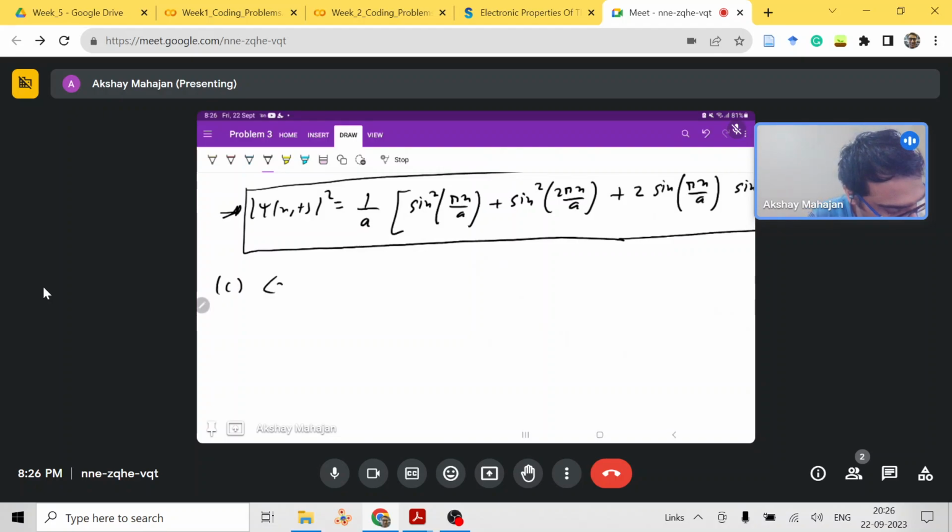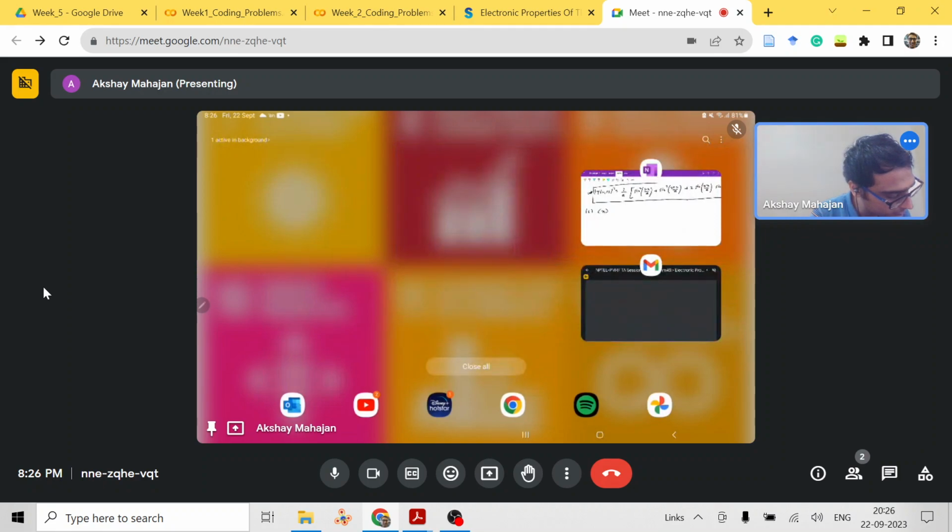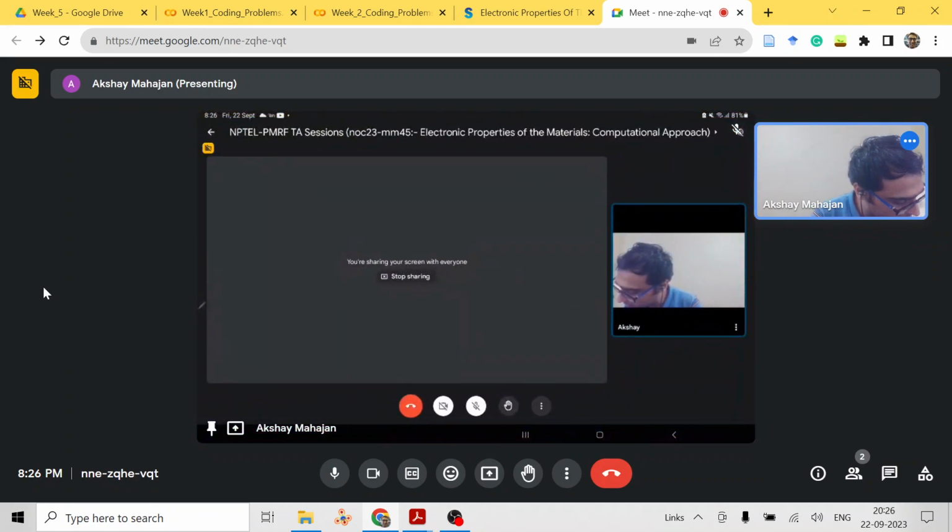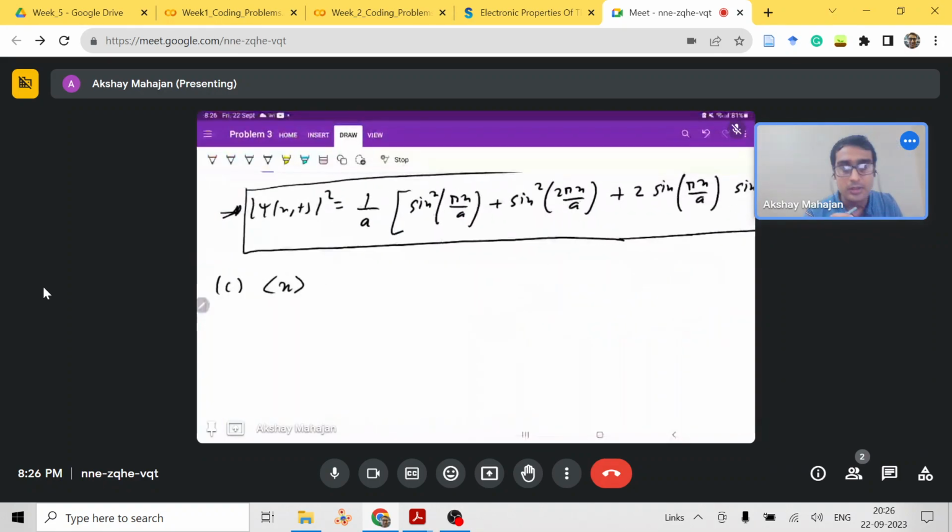So now we know, let's find the expectation value of x. The expectation value of x is given by integral of x times mod of psi x comma t whole square dx.